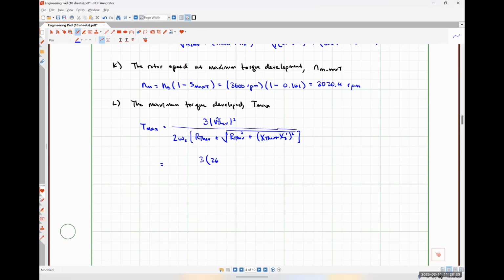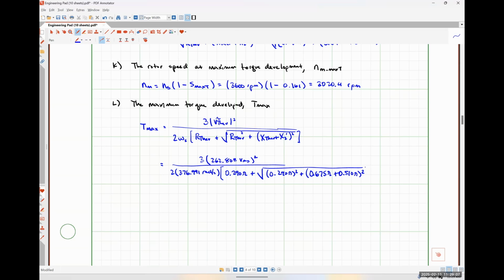So 3 times 262.808 volts RMS, quantity squared. And then I would have 2 times 376.991 radians per second, times 0.290 ohms plus the square root of 0.290 ohms squared plus 0.675 ohms plus 0.510 ohms, square that guy.